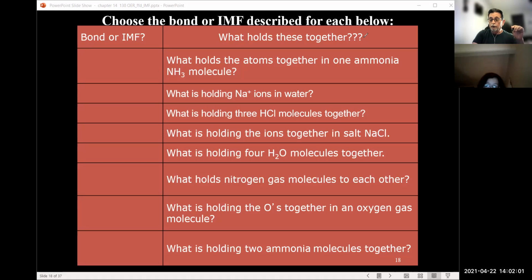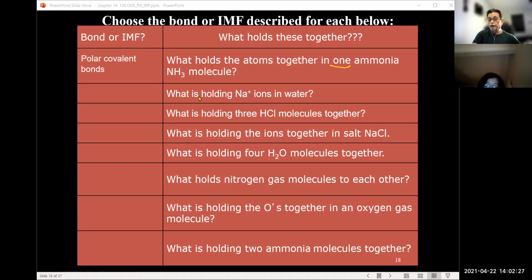So more than one molecule, we're dealing with inter. One molecule, we're dealing with intra. And that's the key right there. What holds the atoms together in one ammonia molecule? So what's holding that together? That would be polar covalent bonds, okay?